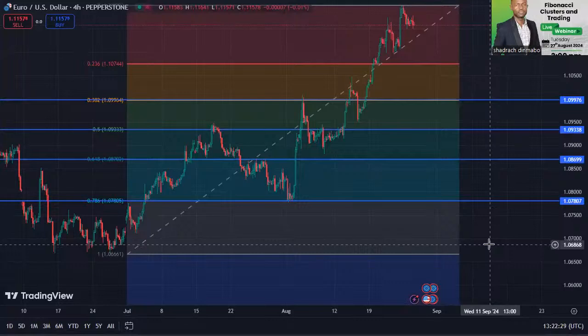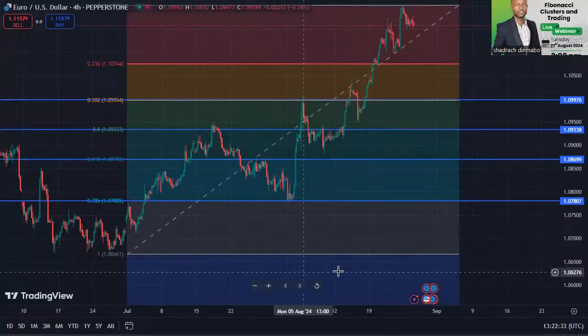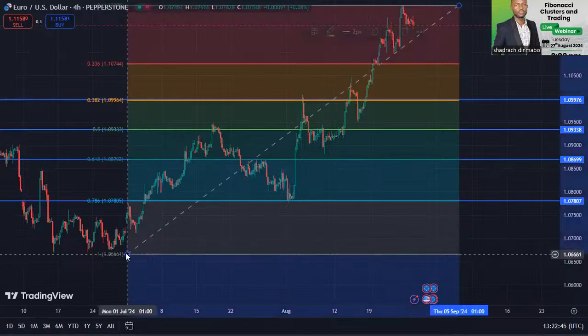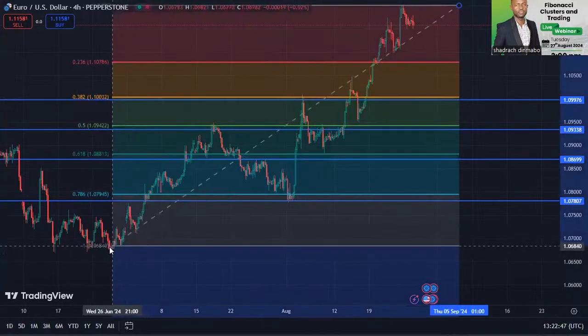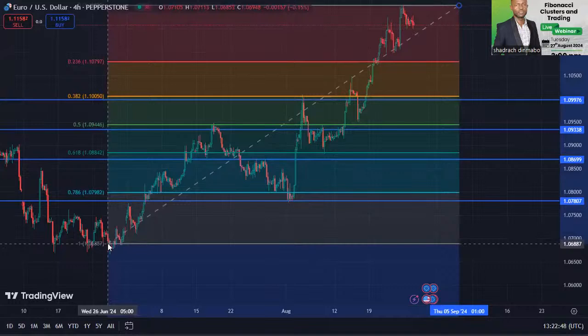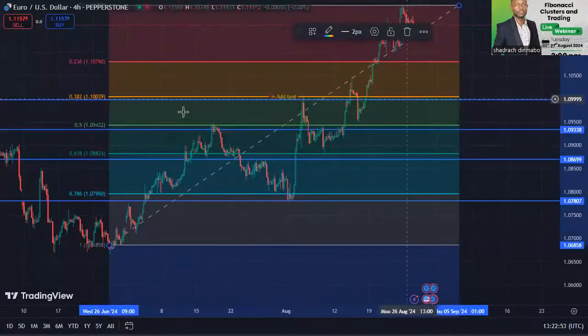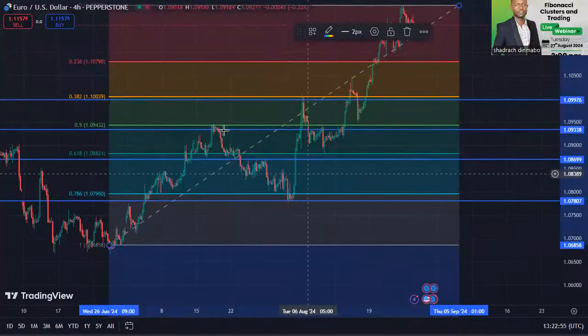Now, having marked these levels, the next thing we are going to do right away is to begin to move our Fibonacci tool to each of the higher lows. We'll just be scaling it up. So if we bring it to this first higher low here, we will check which of these Fibonacci levels is very close to any of the lines.